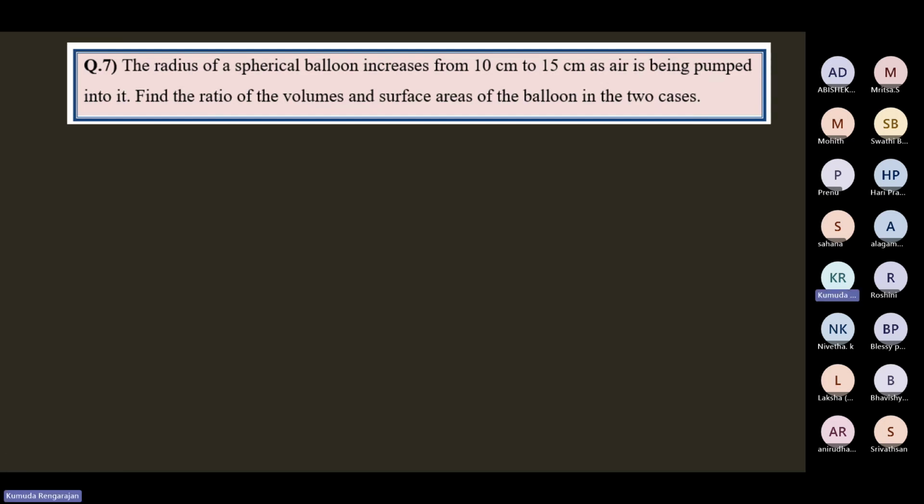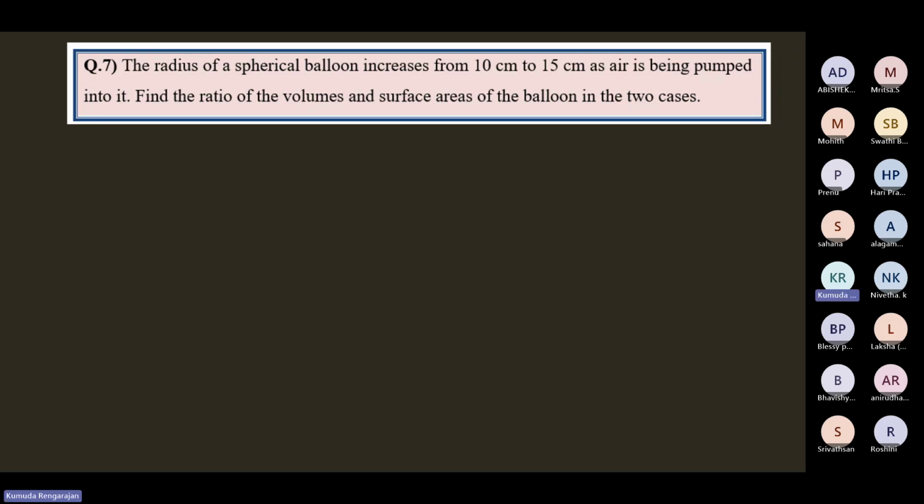The radius of a spherical balloon increases from 10 centimeters to 15 centimeters as air is being pumped into it. So it's a balloon. When air is pumped into it, the radius increases from 10 to 15.